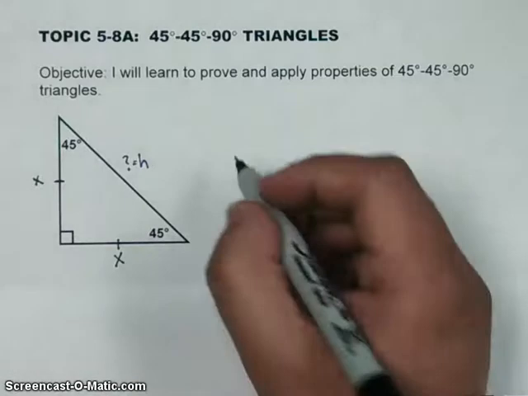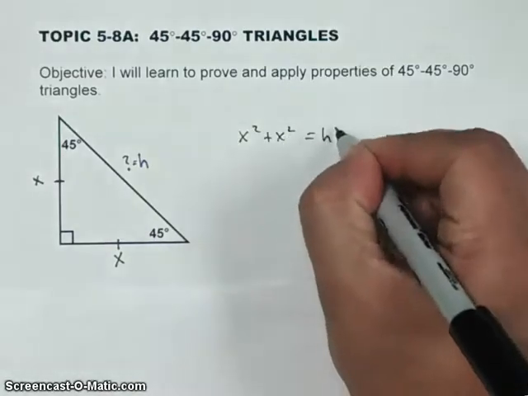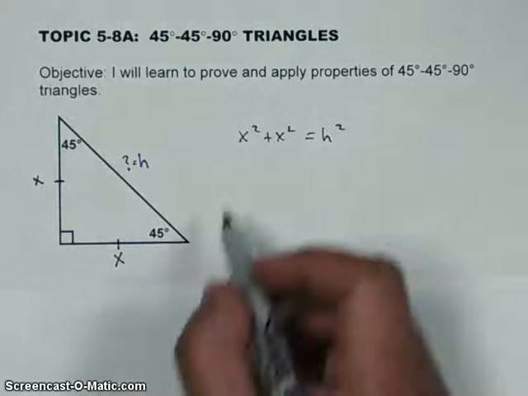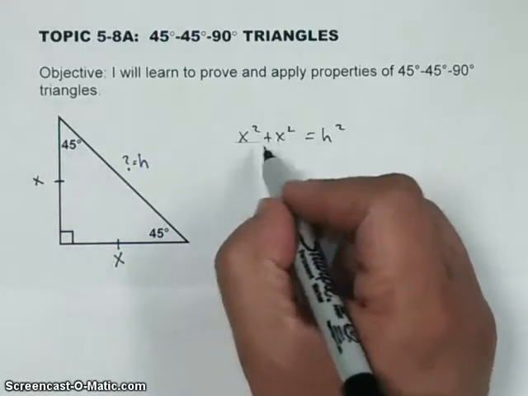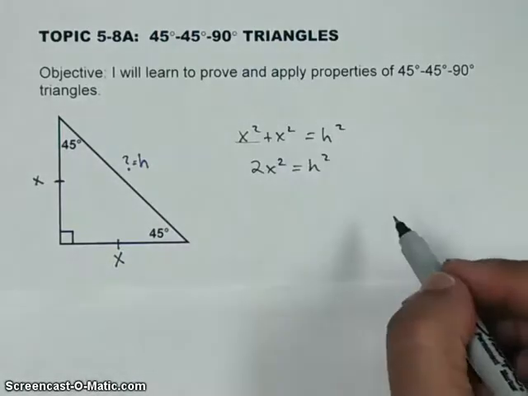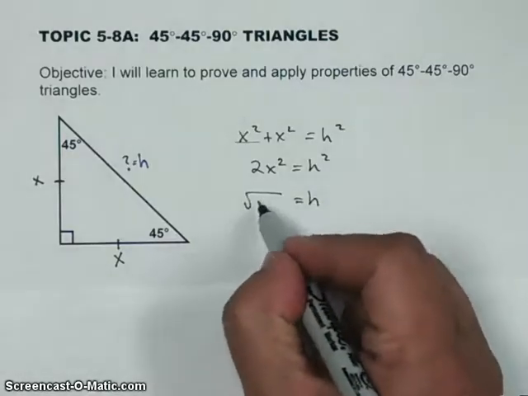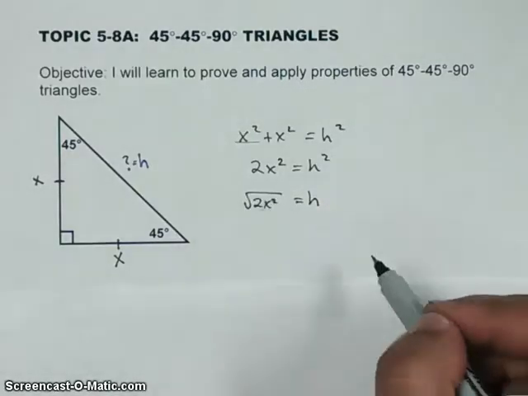Okay, so using the Pythagorean theorem, we would have x squared plus x squared is equal to h squared. Simplifying this, we would have 2x squared is equal to h squared. Then to solve for h, we would want to take the square root of 2x squared.